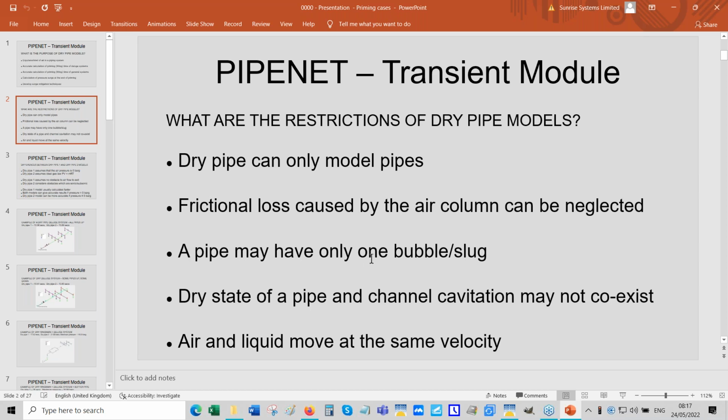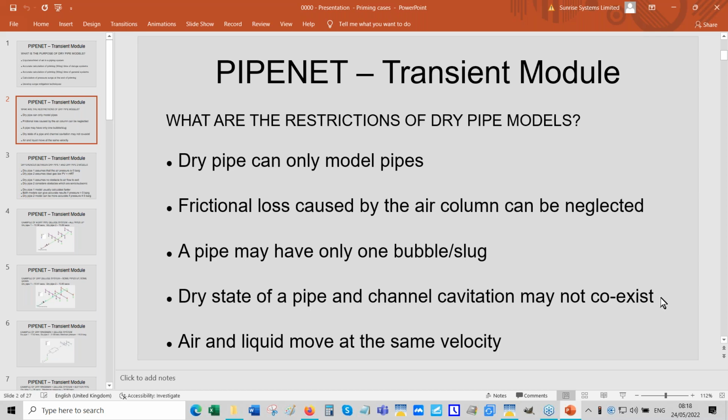The pipe may only have one bubble or one slug. That's a limitation in the dry pipe model at this point in time. Dry state of a pipe and channel cavitation may not coexist. This again is obvious because channel cavitation is a proprietary model. It's a model that we've developed ourselves, and that has a vapor cavity in the pipe.